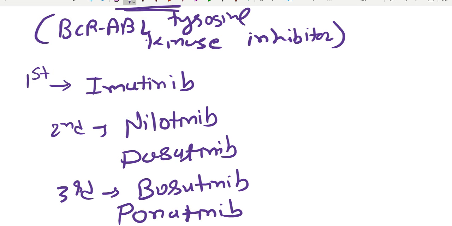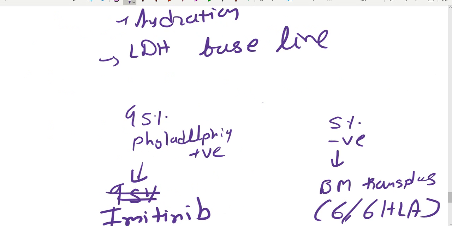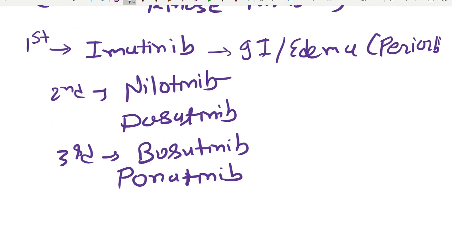Side effects of imatinib are GI disturbance and edema, which is periorbital. Nilotinib has pleural effusion, PND and pancreatitis.